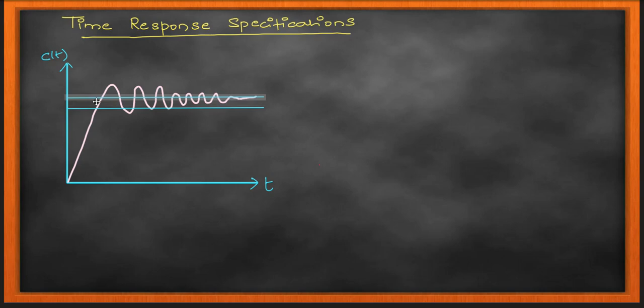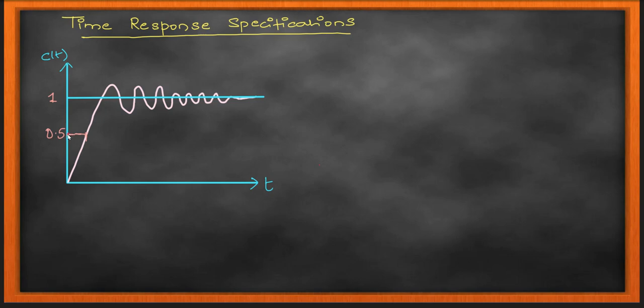What I've drawn here is your underdamped system response, because that is the model response that we are using. That is what we are basing all our systems on. That is why I'm telling you that the underdamped system is the one most widely used. And for our time response study, I'm using the response of your underdamped system.